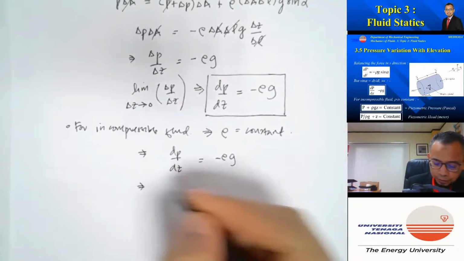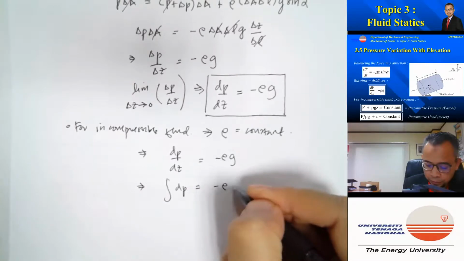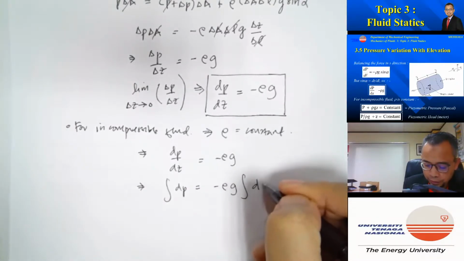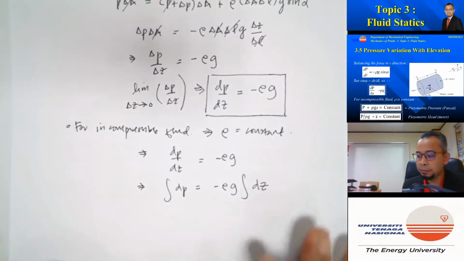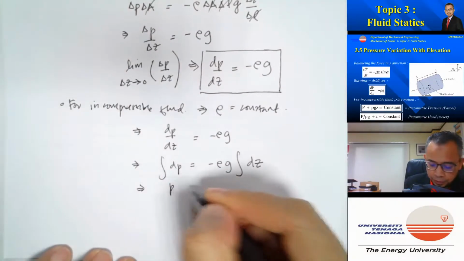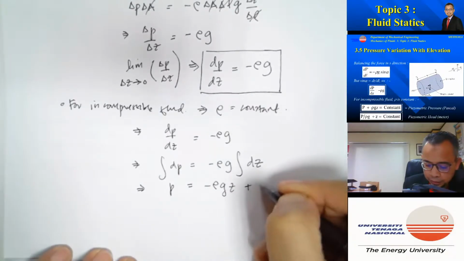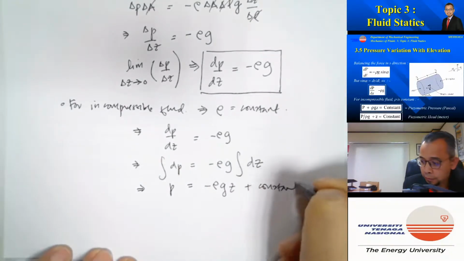If we integrate dP, we can take both rho and g outside the integral, so we can easily integrate this. We get P is equal to minus rho gz plus a constant.